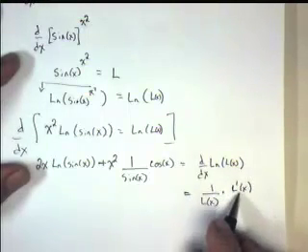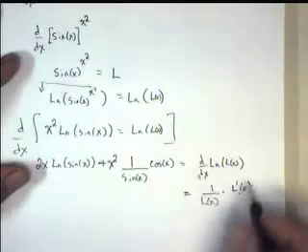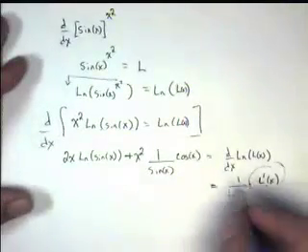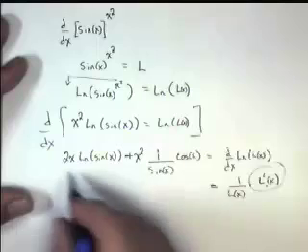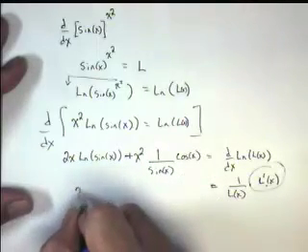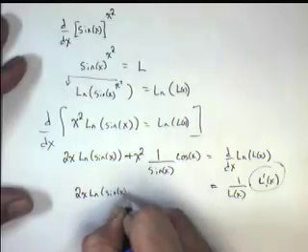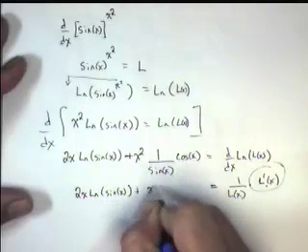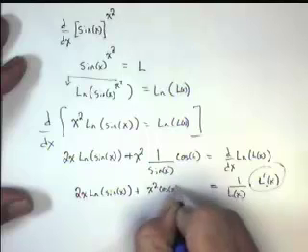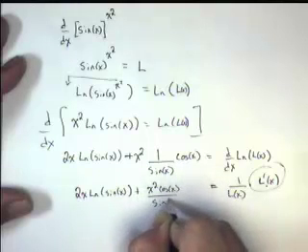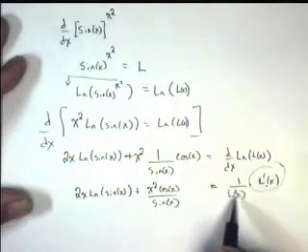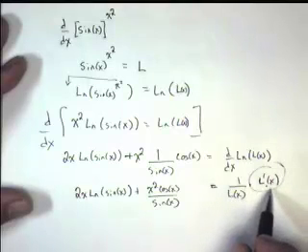And that's, of course, what we're looking for. We want to know what L prime of x is, because we want the derivative of sine of x to the x squared. So that's the thing we want to find. Okay, well, we've got this mess. Let's rewrite it. This is 2x natural log of sine of x plus x squared cosine x over sine of x, and that's equal to 1 over L of x times L prime of x.